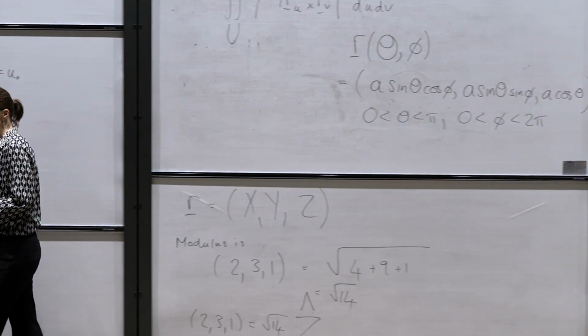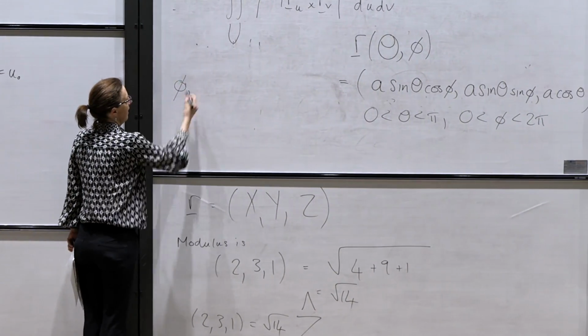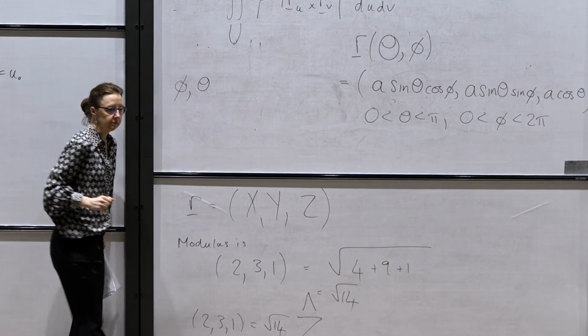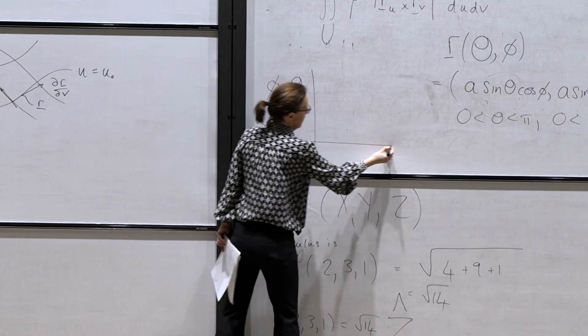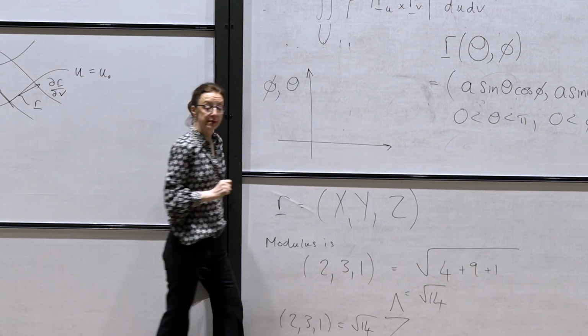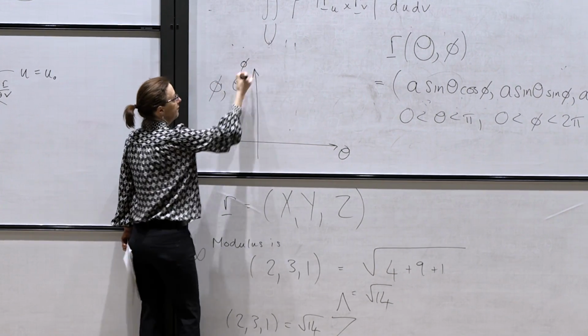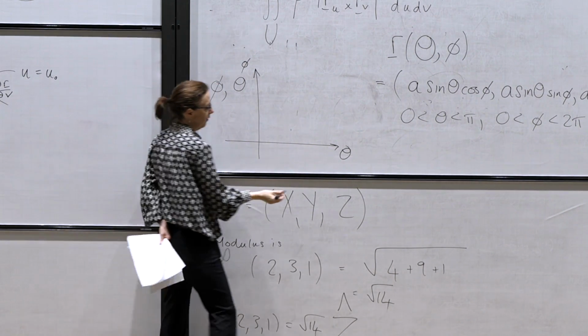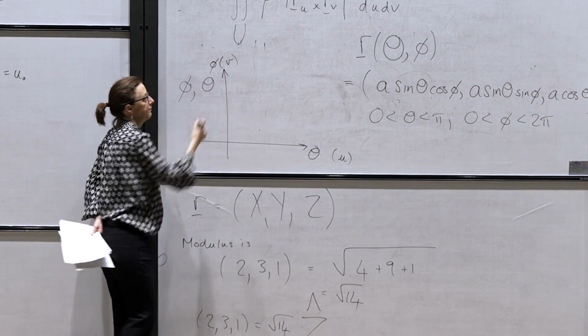So the parameterization that we've got here is in terms of phi and theta. And if I were to draw that in the parameterized plane, what values of those am I taking? So here's my values of theta, here's my values of phi. So this would have been equivalent to the u that we had before, and we'll call this one the v.